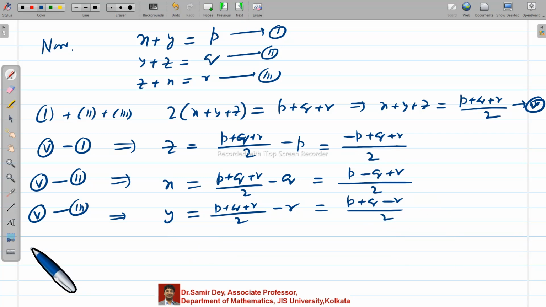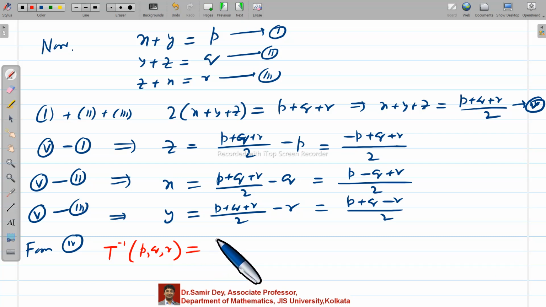So please write down, therefore, from 4, T inverse of (p, q, r) is equal to (x, y, z). What is x? You need to write (p minus q plus r) by 2.